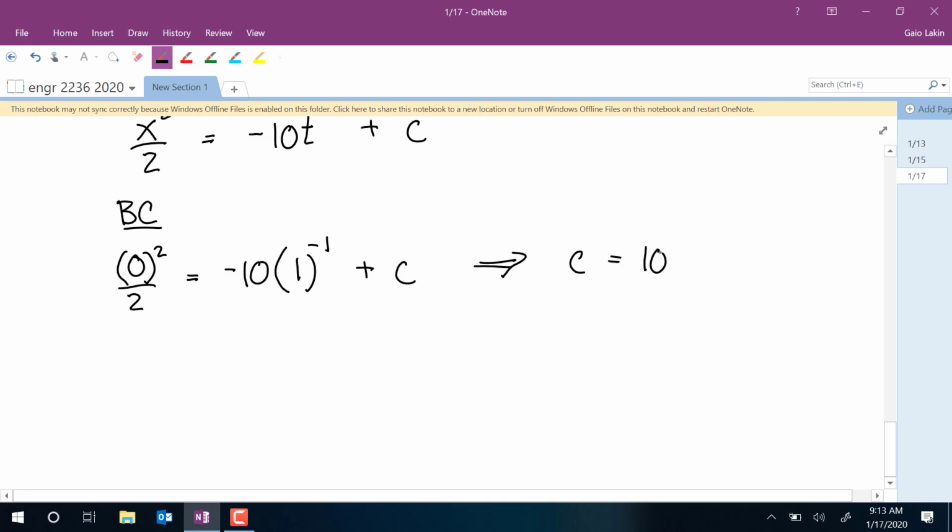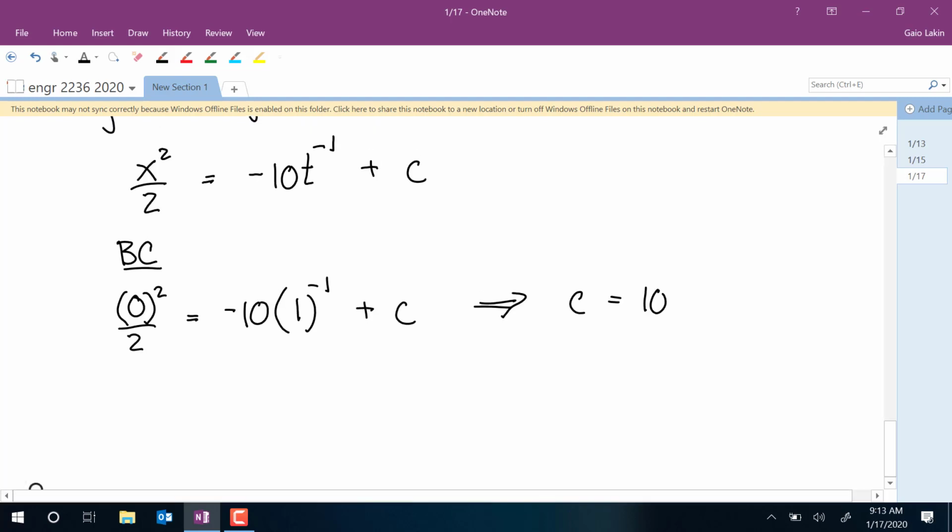Yes? Why didn't you move your 2 over first? The 2 here? Yeah, so there's x squared over 2. Why didn't you... Well, since we're plugging in 0 for x, that 2 just goes away. But I mean, yeah, I could have done that. I could have written it as x squared equals negative 20 times t to the negative 1 plus 2c, but we'd get the same value for c.